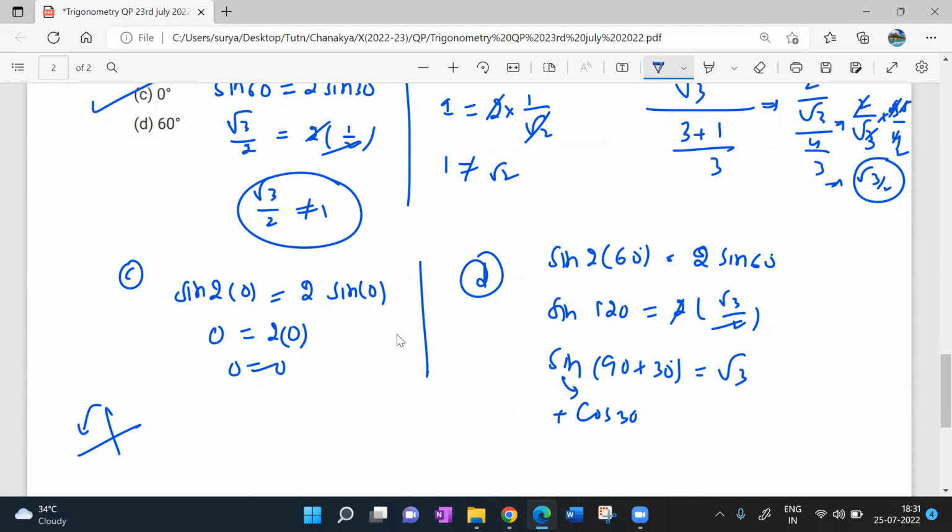Sin is positive in the second quadrant or not? Yes, it is positive. Cos 30 is root 3 by 2, which is not equal to root 3.